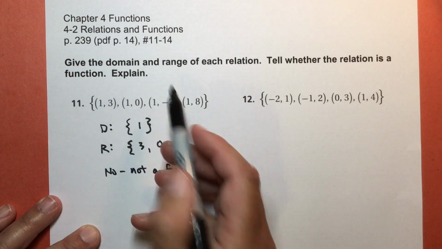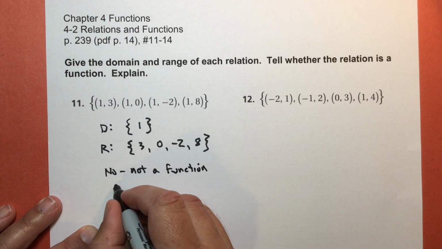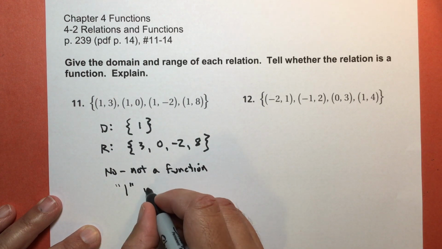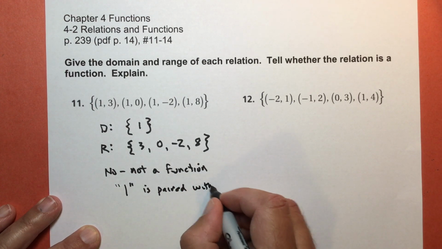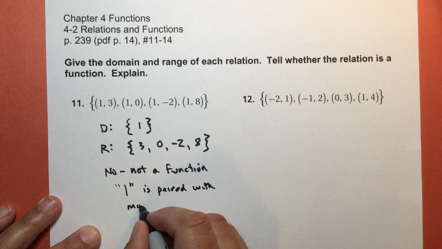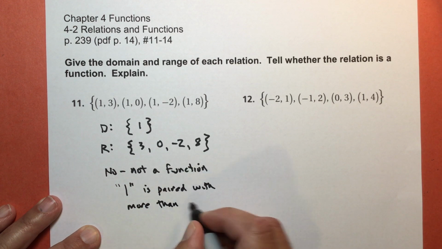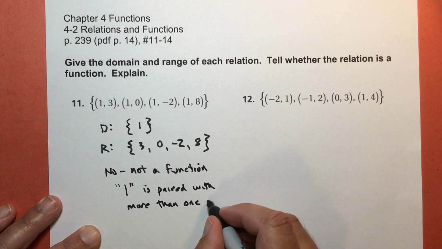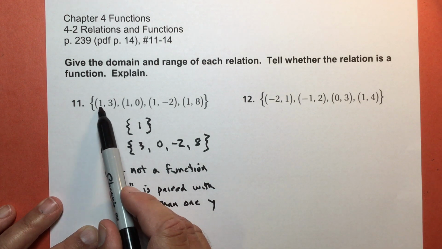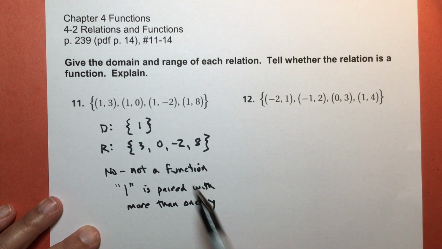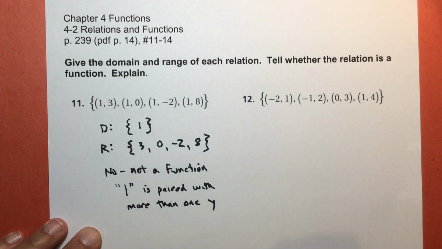The reason, the explanation: the number 1 is paired with more than one y value. Each x value is 1, and it goes 4 different places. So that is an example of something that is not a function.